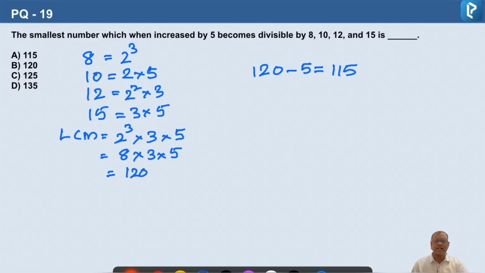For 115, when you add 5, we get 120, which is divisible by all these 4 numbers. So 115 is our answer. When increased by 5, that number will be divisible by all the 4 numbers. So option A is the correct answer.